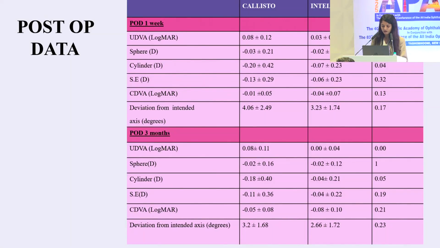At post-op 3 months, cylinder was minus 0.18 plus minus 0.40 in Callisto group, whereas in IntelliAxis group it was minus 0.04 plus minus 0.21. Deviation of the intended axis at 3 months was 3.2 plus minus 1.68 in Callisto group, whereas in IntelliAxis group it was 2.66 plus minus 1.72.